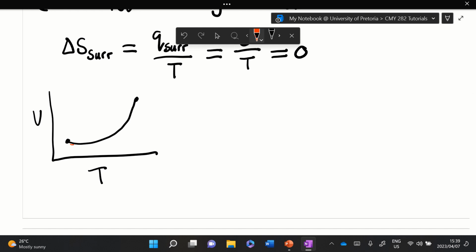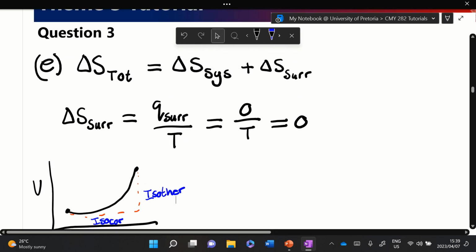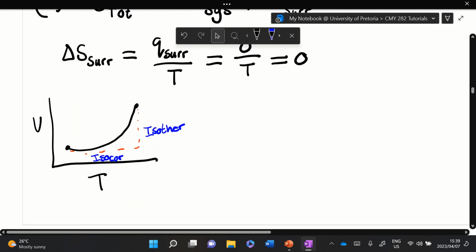So we must break it up into two smaller processes, or two iso processes. First we break it up into an isochoric process, an isochore, and then we do an isotherm. That's how we break these processes up for the system. This is the system's change.